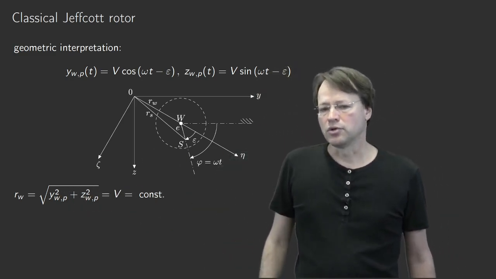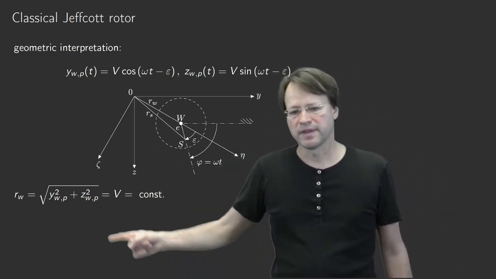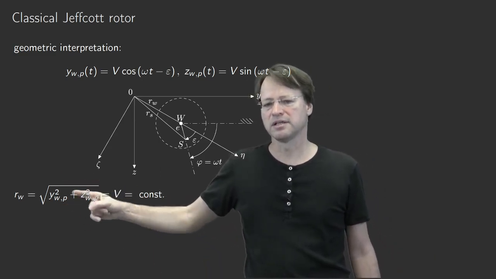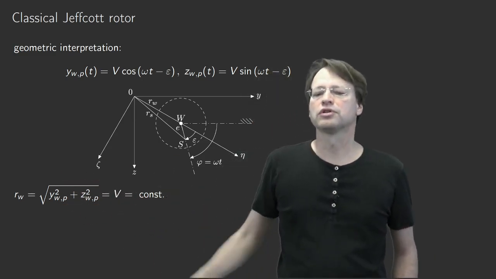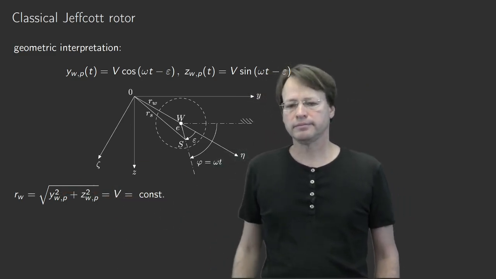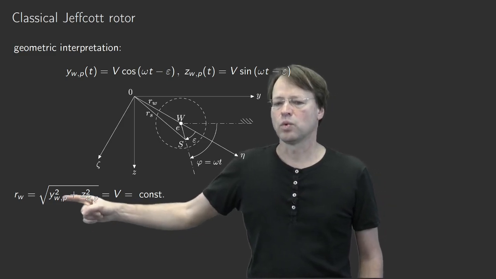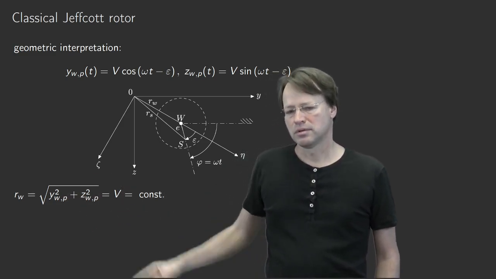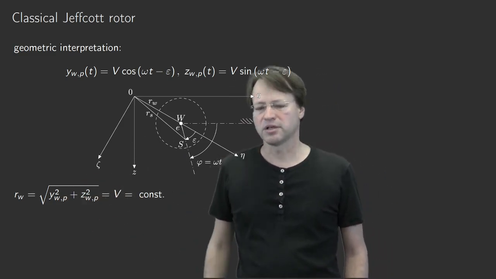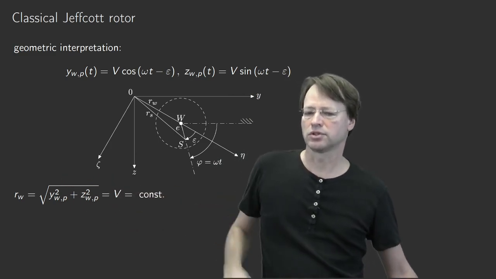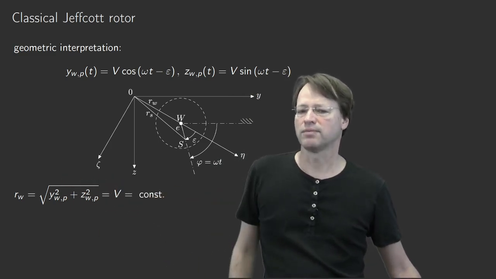the Euclidean norm, so Pythagoras is applied here, to compute that length of r sub w. It's y_w at the particular solution squared plus z_w particular solution squared, and then you take the square root.